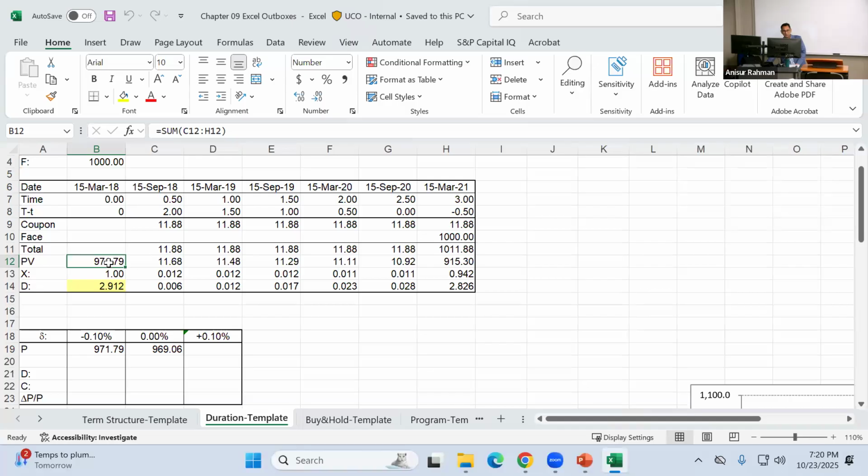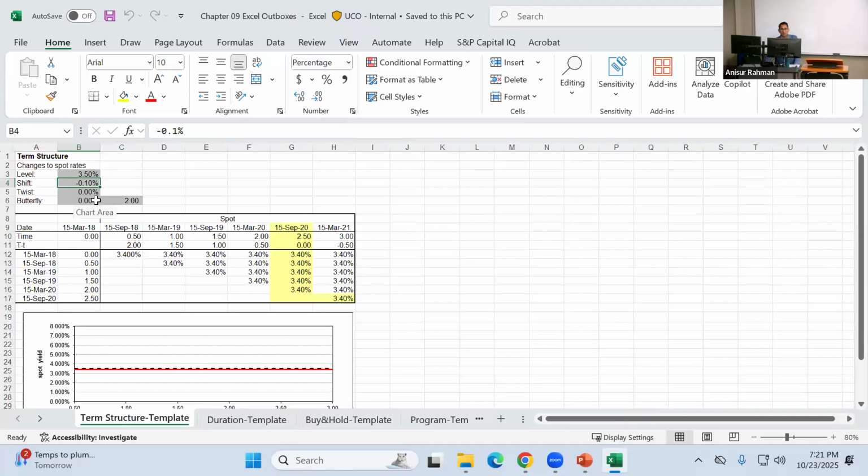Yeah, this is the number I copied and pasted here. Or you go to the term structure and then enter -0.1 in the shift cell. Oh, I see. Oh, mine changed differently. Make sure it is -0.10%, not -1%. Oh, thank you.